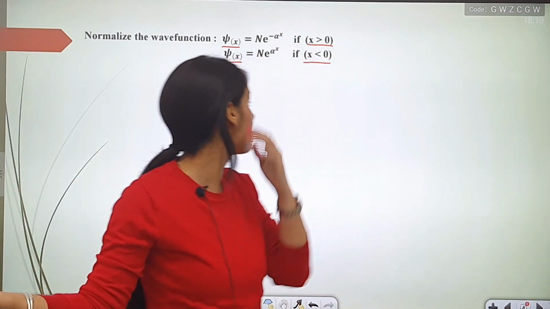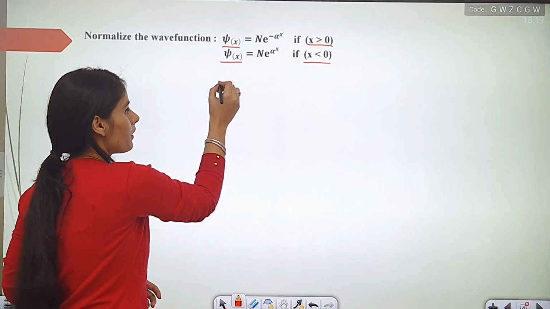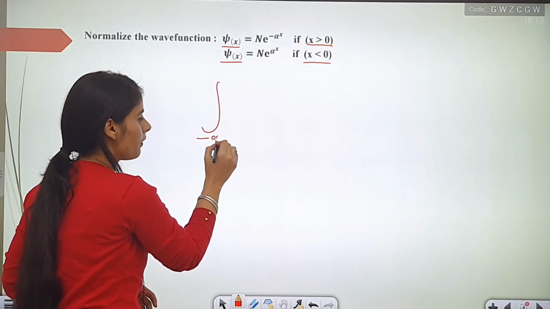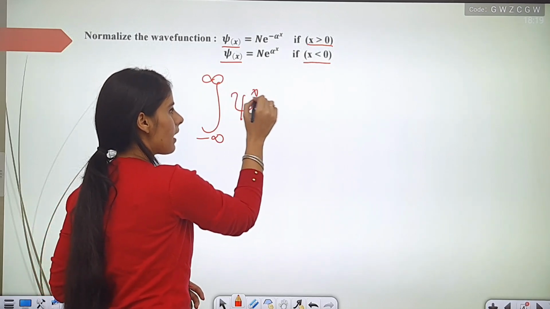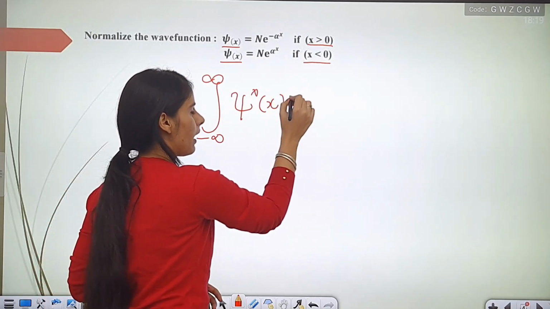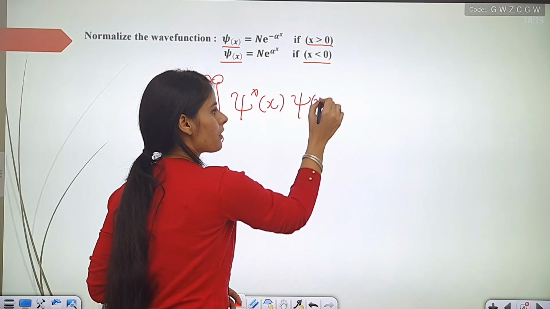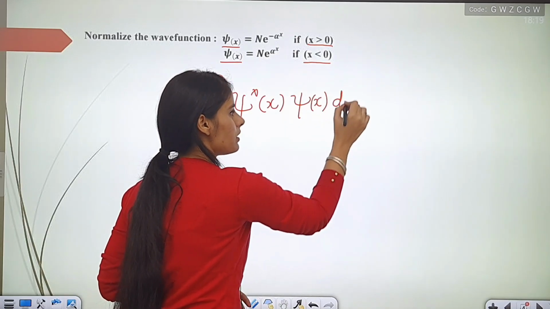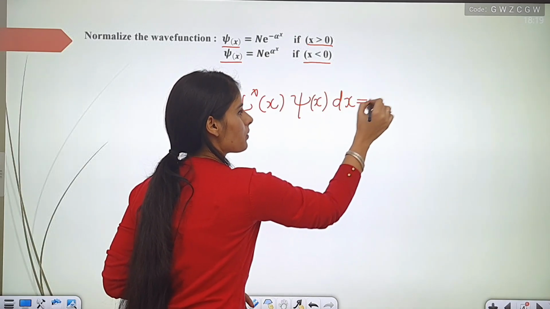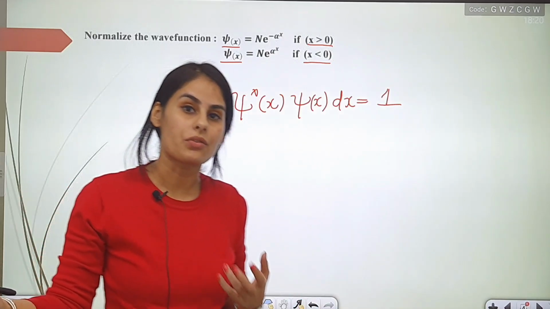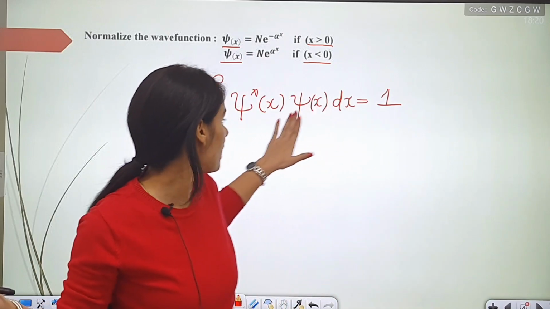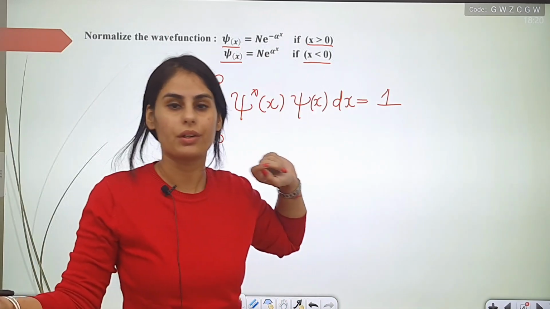First of all, we'll put the formula: integral from -infinity to infinity of psi star x and psi of x into dx is equal to 1.